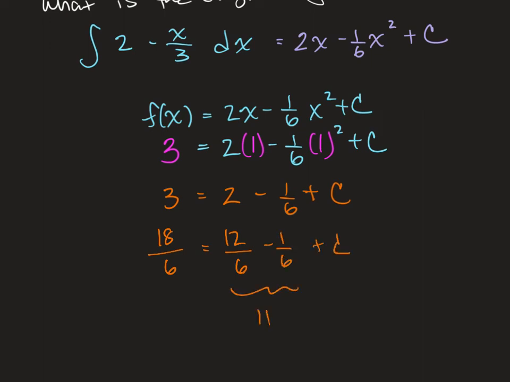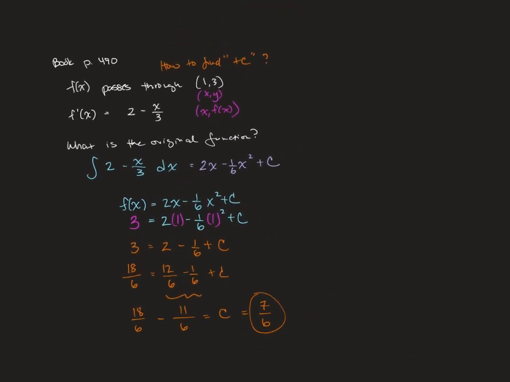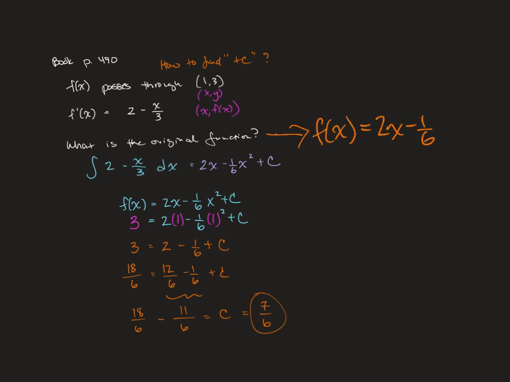This is 11/6. 18/6 minus 11/6 is c, which means that c is 7/6. So then, back up here, we could actually plug in and get that our final formula, like the original function, is f of x is equal to 2x minus 1/6 x squared plus 7/6.